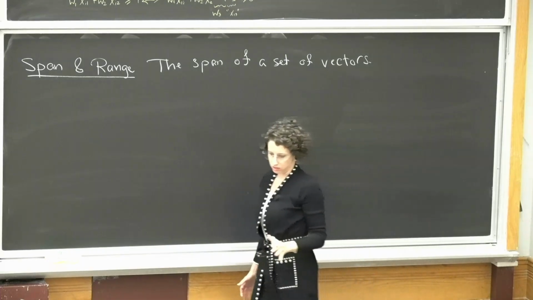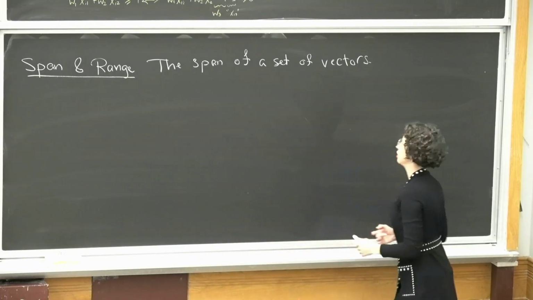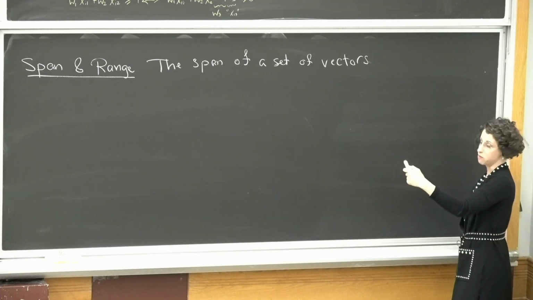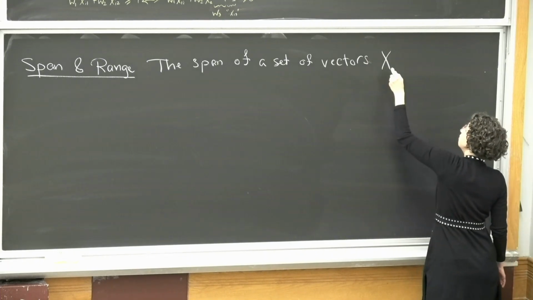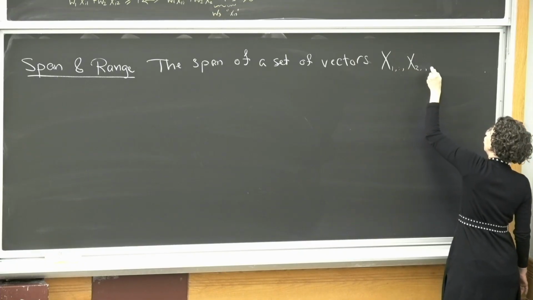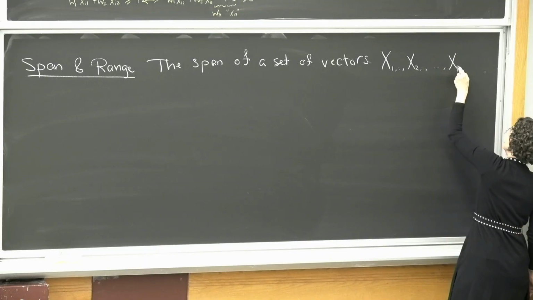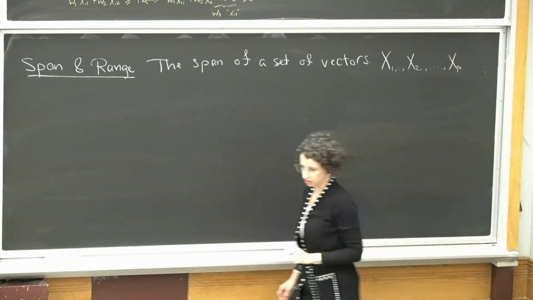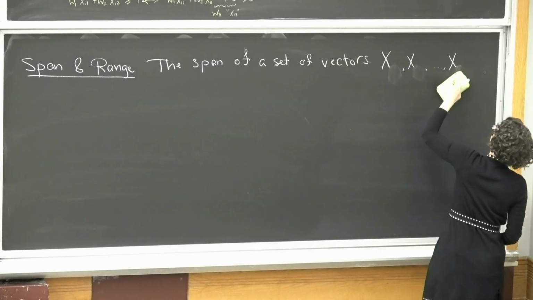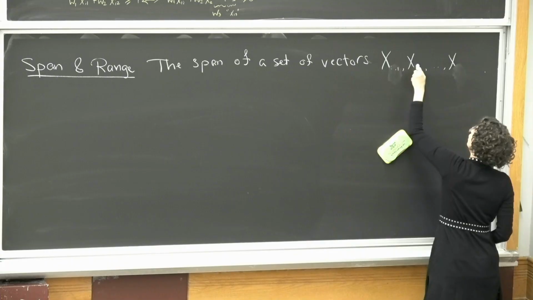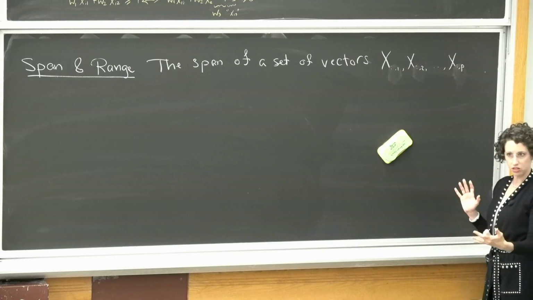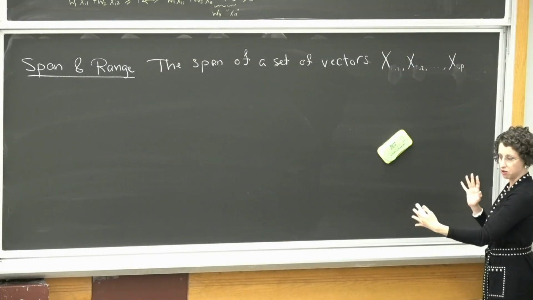This is a general concept, but I want to stay connected to our machine learning task, so I'm going to write these vectors as columns of our feature matrix X. So these would be X colon comma 1, X colon comma 2, all the way to X colon comma P, the P columns of my feature matrix.